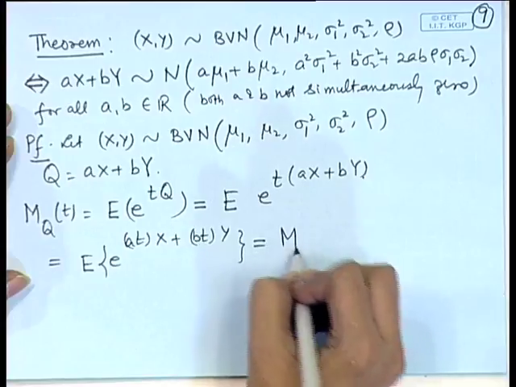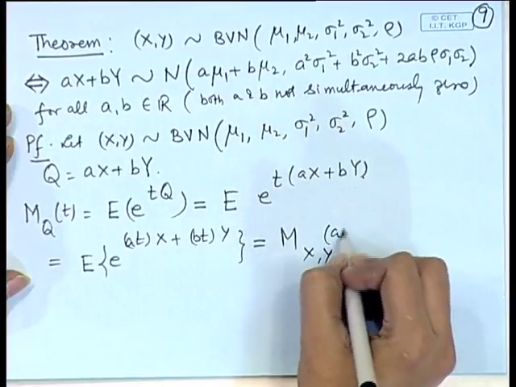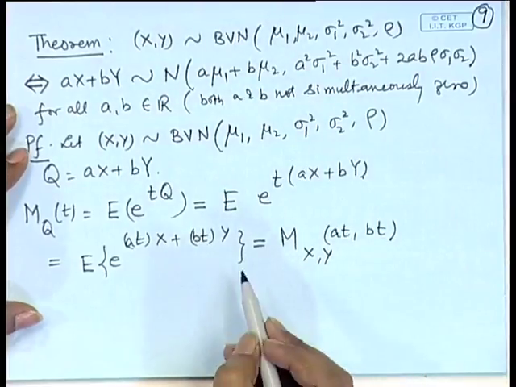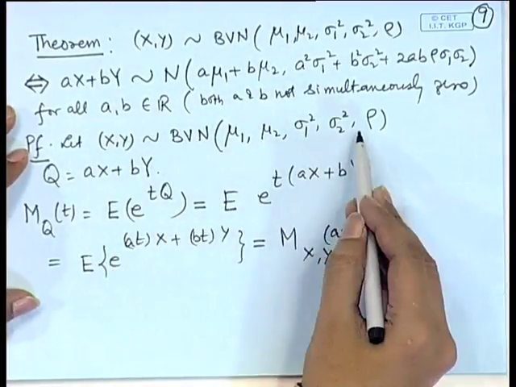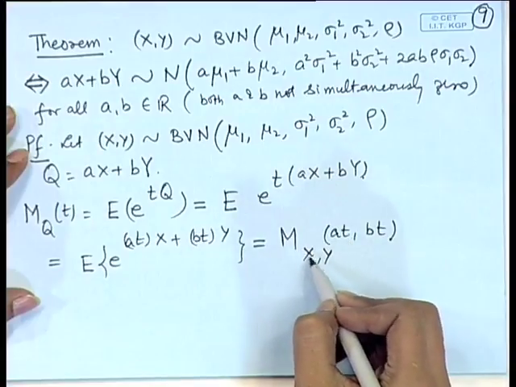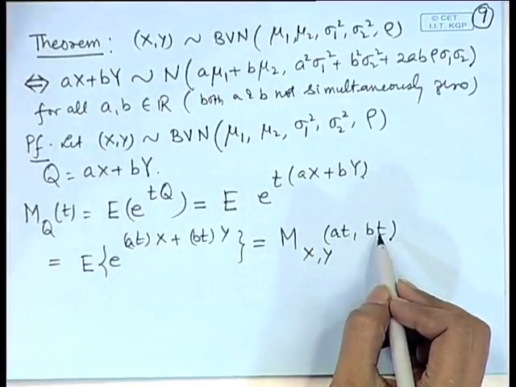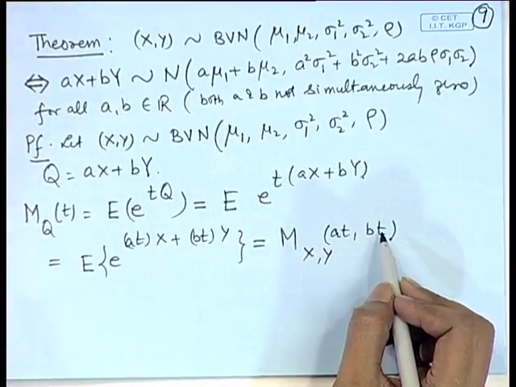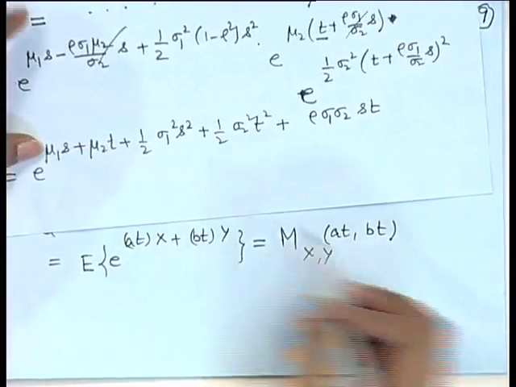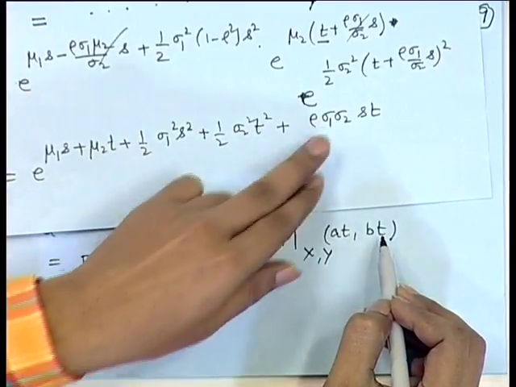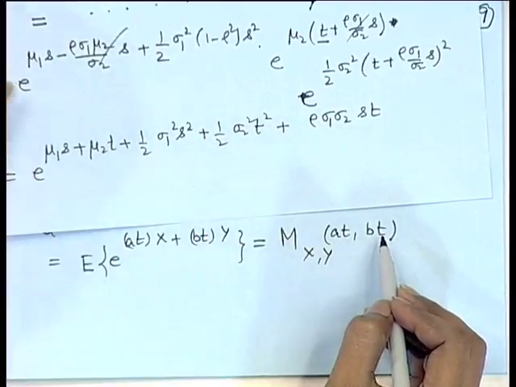This is the joint MGF of X, Y at (at, bt). Since X, Y has a joint bivariate normal distribution, the form of the joint MGF of X, Y at (at, bt) can be obtained by substituting s equal to at and t equal to bt in the expression given just now.